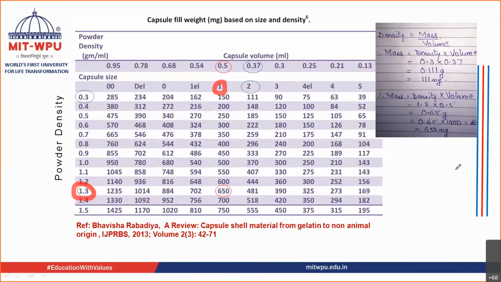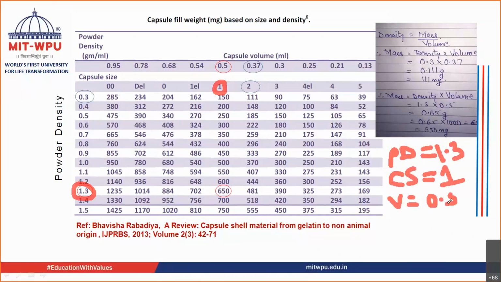My question is, powder density is 1.3 and capsule size is 1. If my capsule size is 1, it means that the volume that can be filled in the capsule is going to be 0.5 ml. As I told you, it is easy to remember 1 and 4: for 1 take half, for 3 take 0.3, for 4 take 0.21.